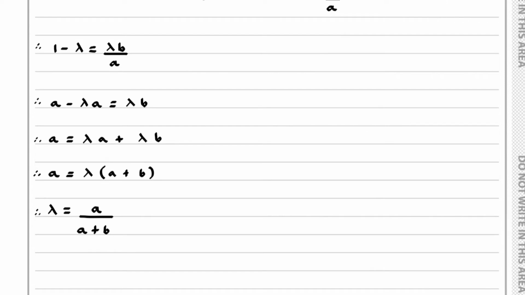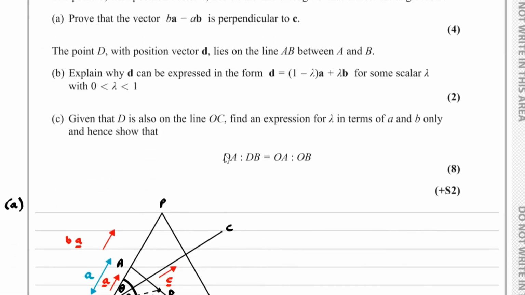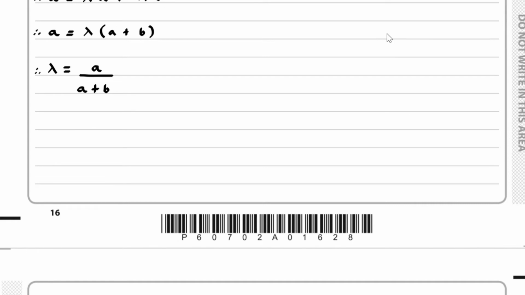Now, what I need to do, if I go back to the question, I need to find out what dA is, what dB is, and what OA is, and what OB is. Well, let's first of all find out what OA and OB are. They're just lengths. OA is equal to the magnitude of OA, which is just equal to a.